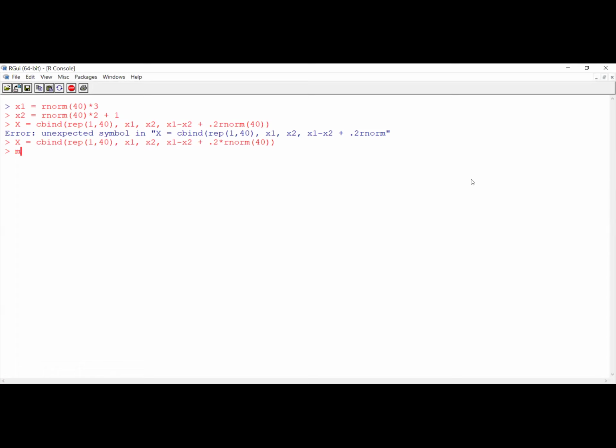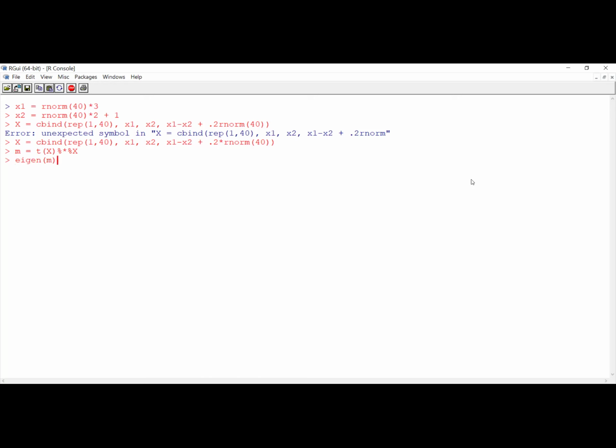Let's call this X prime X. We know this is an important matrix for computing the coefficients, for computing B, and it actually appears in everything. It appears in the inferences about y hat, the expected value of y at different levels, new observations, and the coefficients. So we'll just call that M, and let's look at the eigenvalues of M.